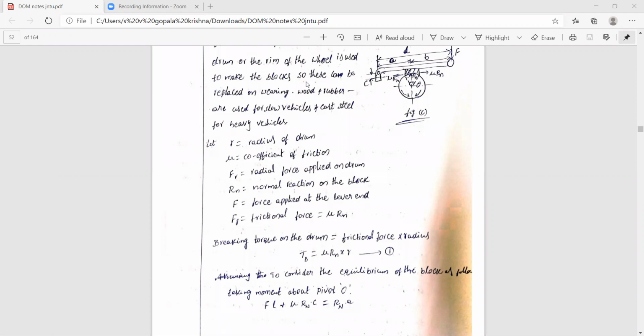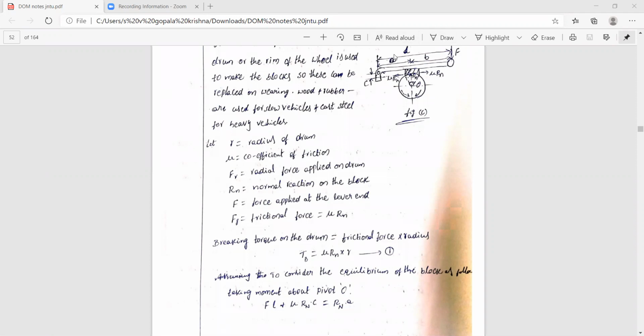How do we write this? Observe that F is the force acting on the lever, so F into L is the moment from the pivot.